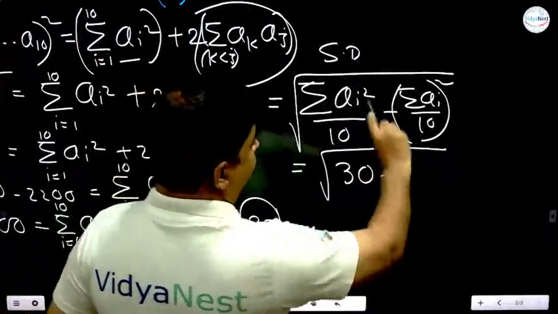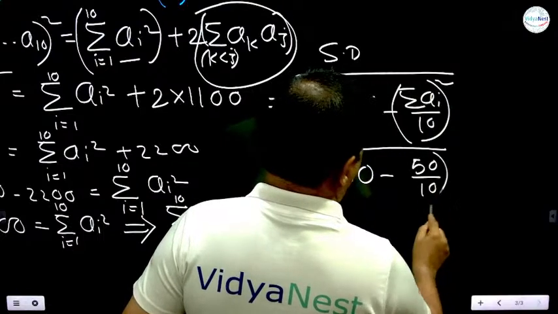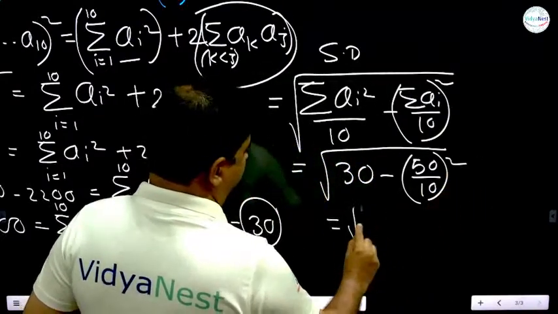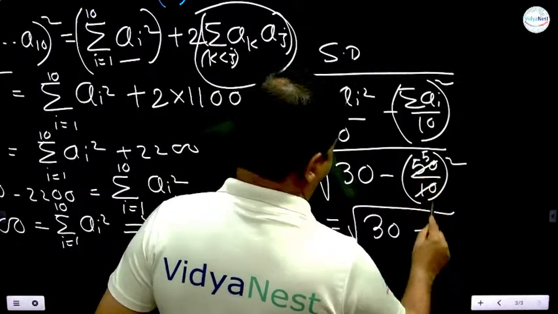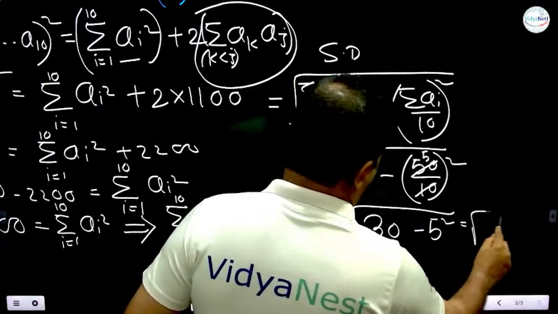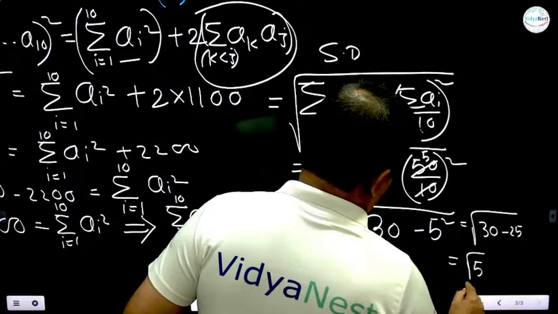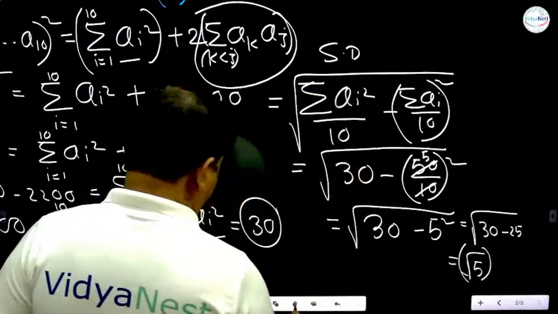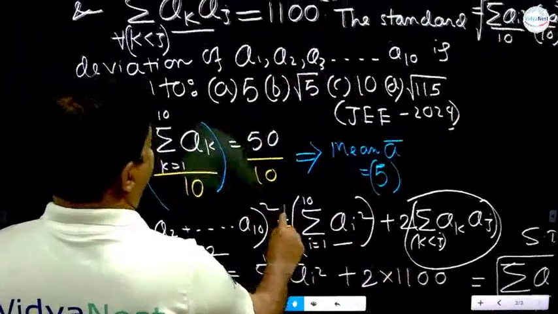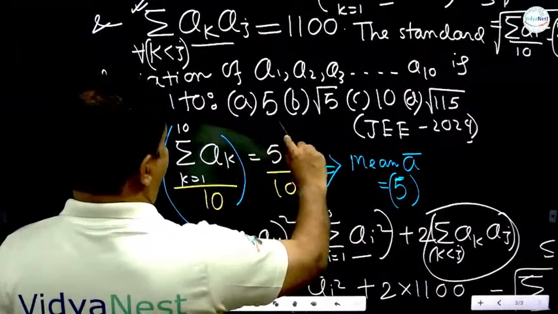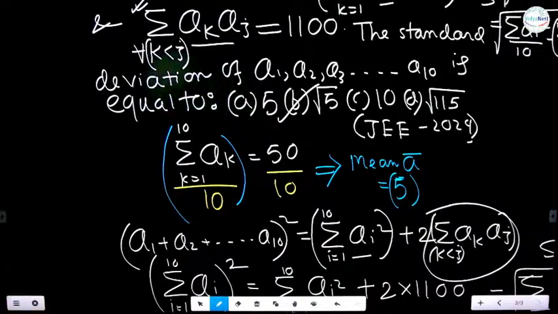Let's not bother about the suffix. 50 by 10 whole square. So 30 minus 5 square, 30 minus 25, root 5. Okay. Does it match with any option? Yes. This is matching with option B. Okay. Let's go to the next sum.